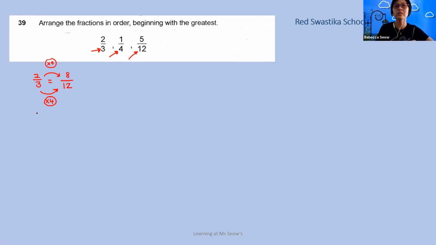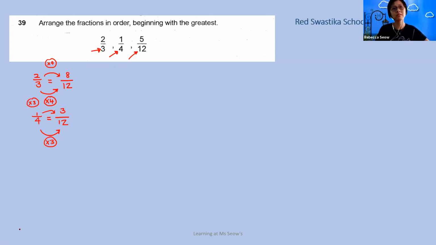Now, how about 1/4? 1/4 can also be changed into an equivalent fraction with denominator 12. How do we do that? We multiply denominator 4 by 3, and we also multiply numerator 1 by 3. And that leaves us with 3 out of 12.